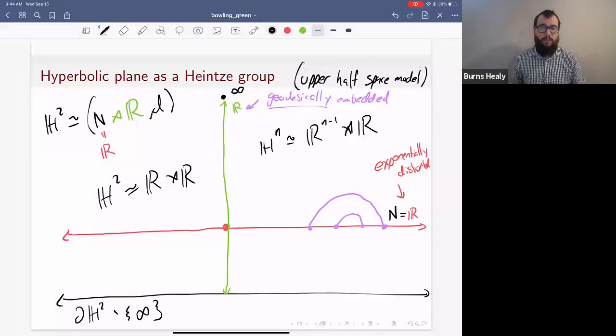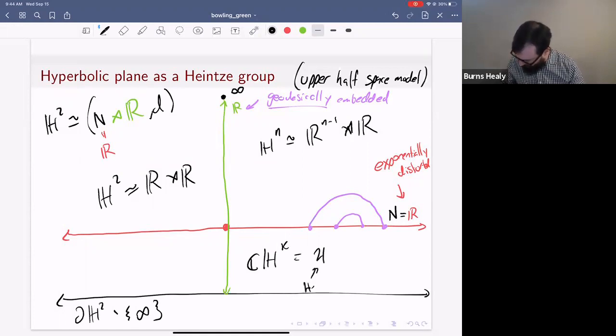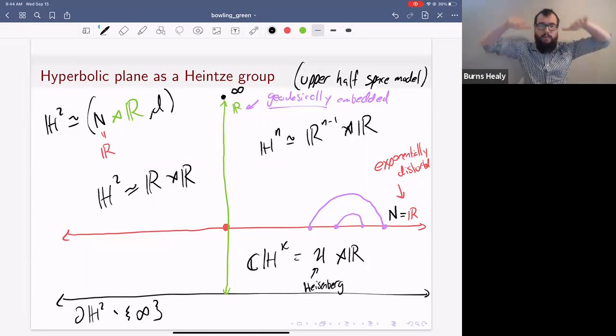If I want to look at more complicated negatively curved symmetric spaces, like complex hyperbolic space, it looks like, I apologize, I'm going to screw up the dimensions here, but you'll get some higher rank Heisenberg group semi-direct with R. And again, what complex hyperbolic space will look like, if you use the upper half space model, is it will be foliated by copies of the Heisenberg group, which shrink down as they go up towards this ideal point at infinity.